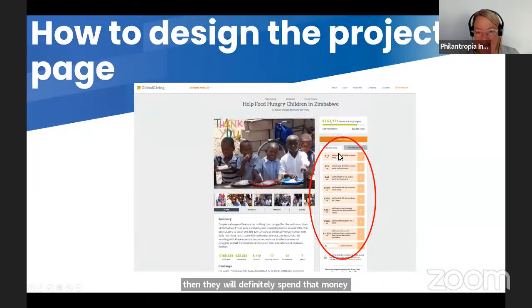And then you have this section, which is one of the greatest parts on crowdfunding pages, I think, because it gives you the opportunity to really have categories of things that you need. If somebody wants to donate to you and they say, oh, I have $10, I have $100, and they don't know what will happen with those $100, it's difficult.